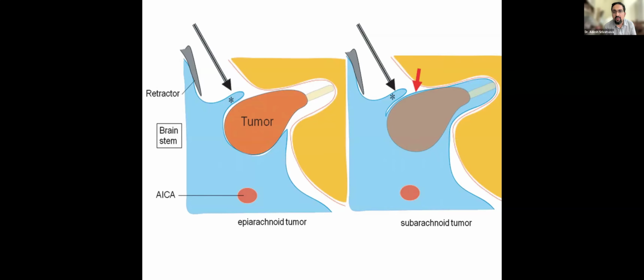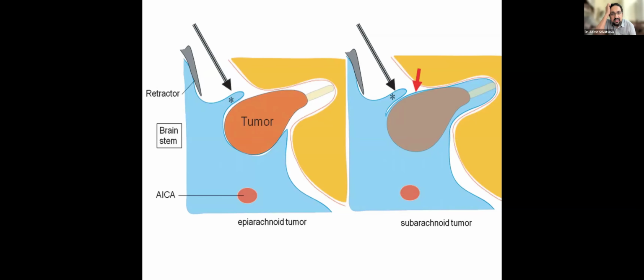In either case, what is most important, because these are more of retrospective or pathological studies which have been done after the patients have been operated, is for us to realize that this single layer or double layer or triple layer of arachnoid which lies over the tumor capsule is actually the layer which will help us in safely peeling off the neurovascular structures which are distorted, stretched, and have become adherent to the tumor.